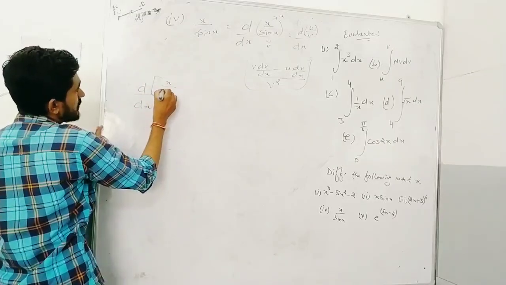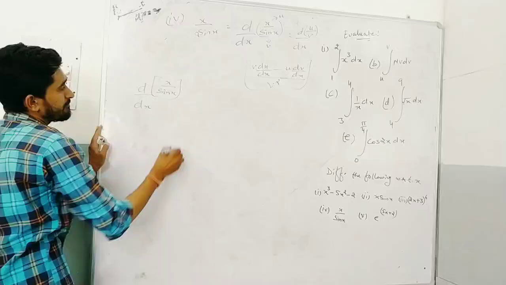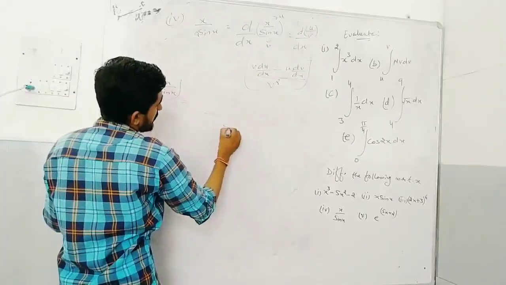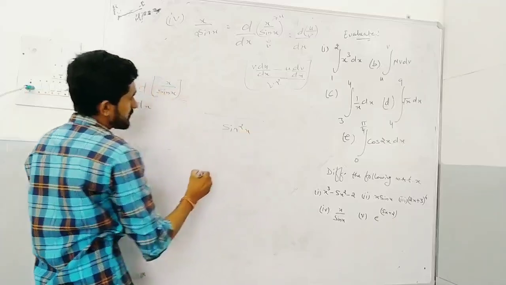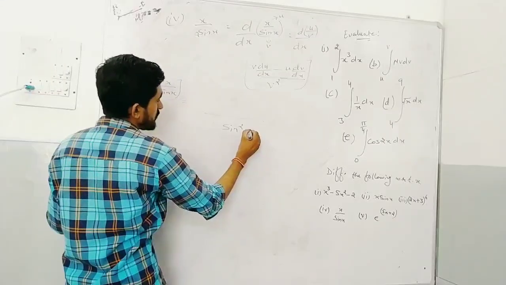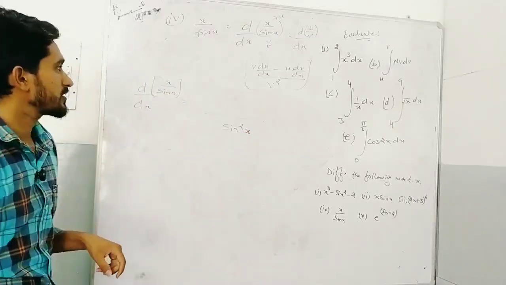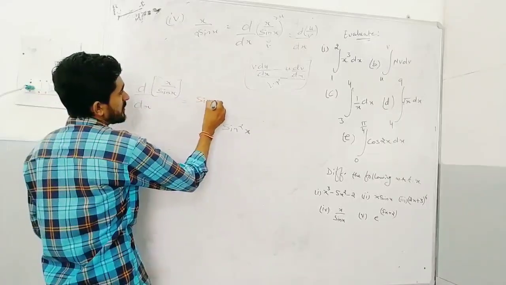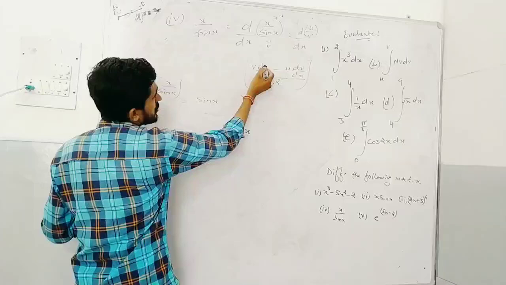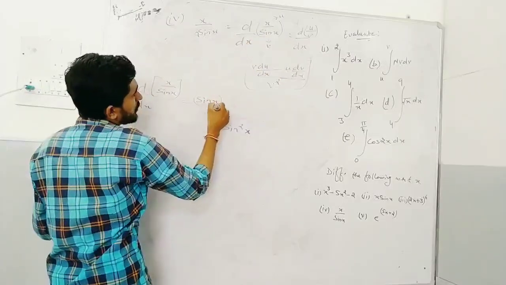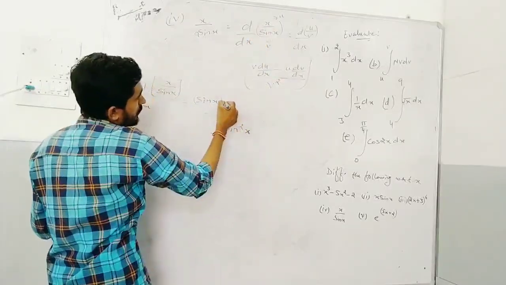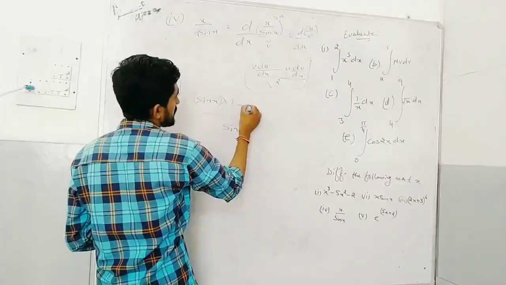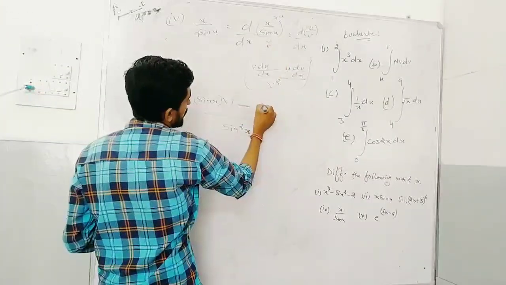Then d by dx of x by sin x. v square is sin square x. v as it is, that means sin x as it is. Differentiation of u, what will be the differentiation of x? 1. Minus u as it is, u is x.